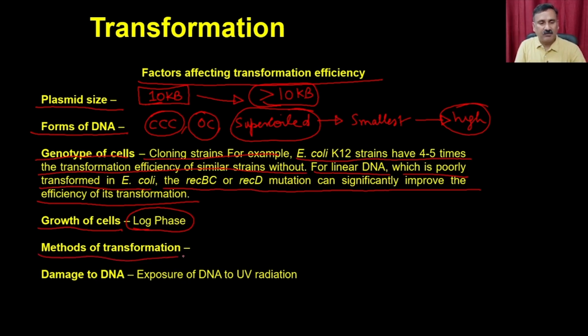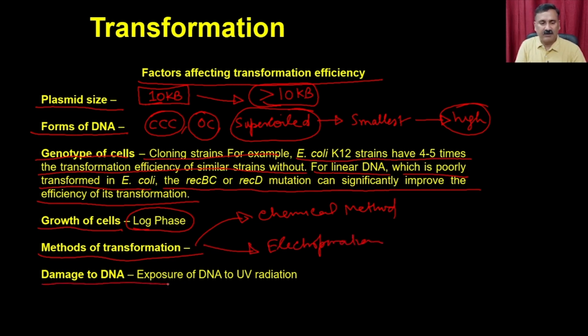Then the method of transformation. We have already discussed that the chemical methods are going to give you less transformation efficiency compared to electroporation. And then we also have DNA damage. Exposure of the DNA to UV radiation is another factor which is going to affect the transformation efficiency.